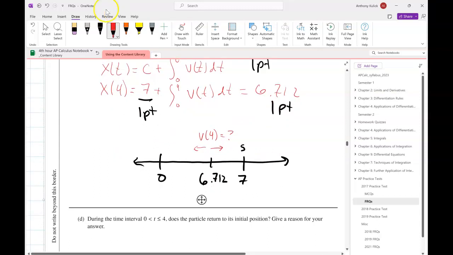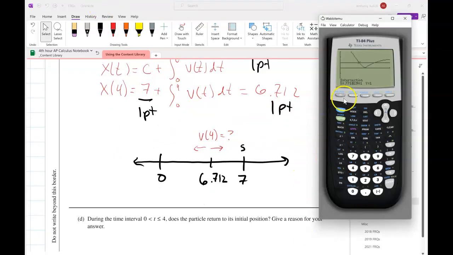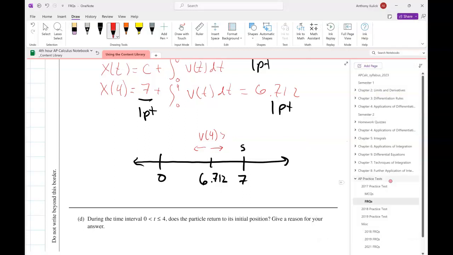So how am I going to find v of 4 on my calculator? I'm just doing y1 of 4. Velocity was the function that was given to me. That's positive. So we are moving away from the origin, yes? Of course.